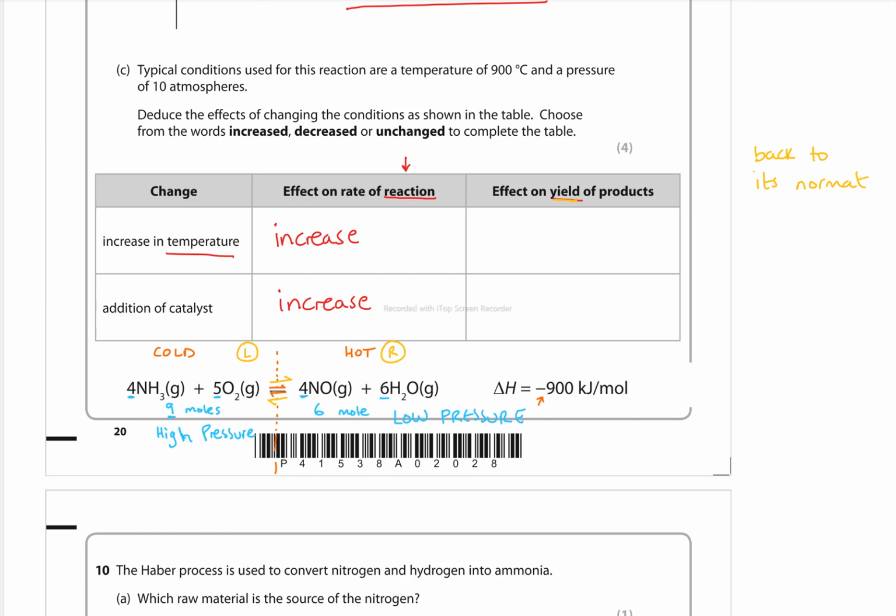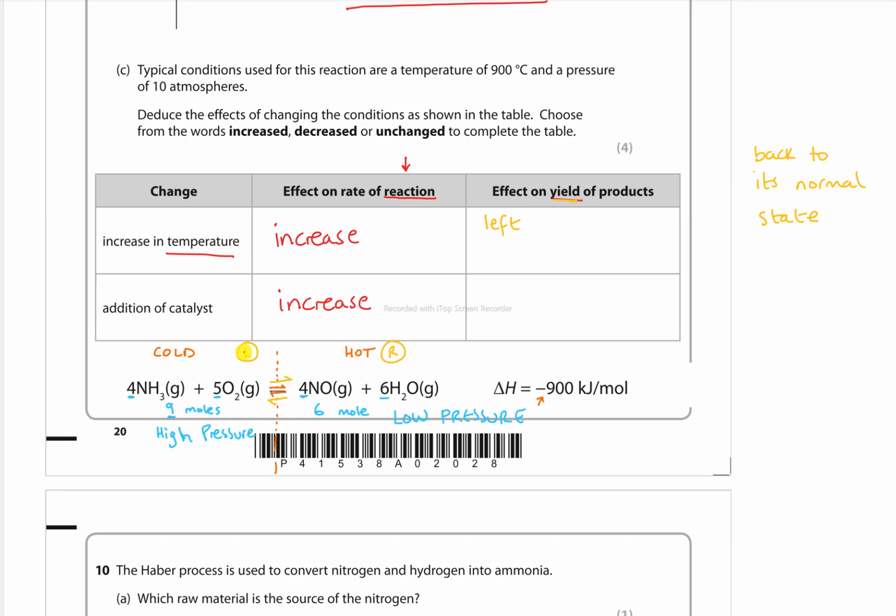Okay, so if you've increased the temperature, the system wants to decrease it. So the system wants to go to the cooler side, so it will shift to the left.